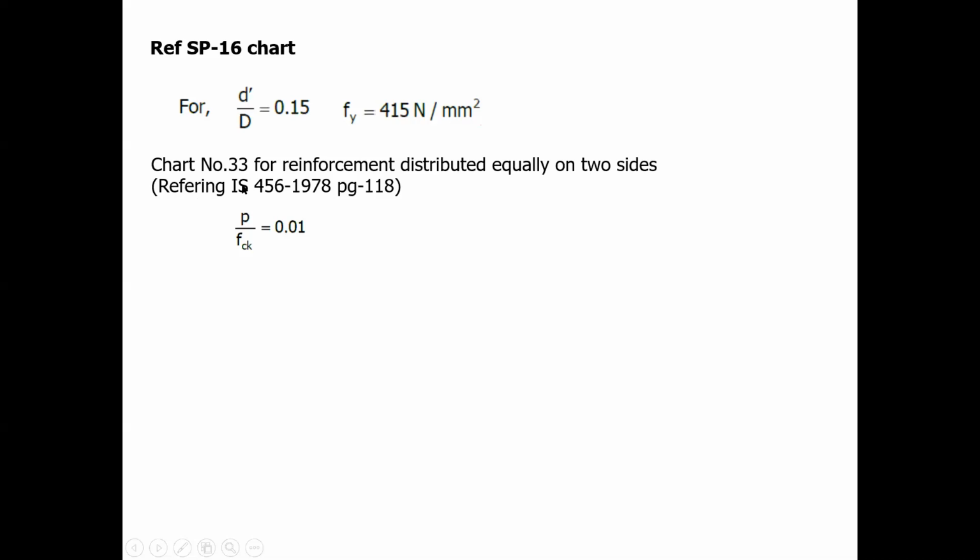So in bracket it is just mentioned, IS 456 1978 or SP 16, both are same. So you'll get P by FCK value as 0.01. Is it clear for everyone? How to refer the code book?